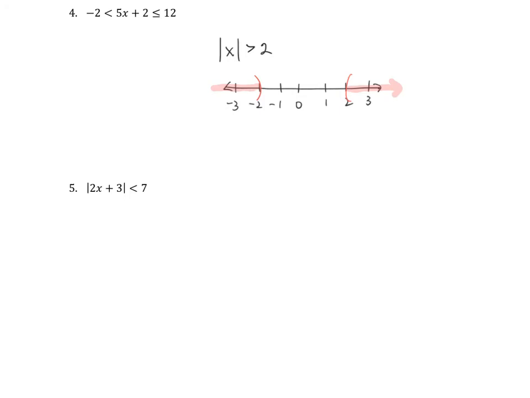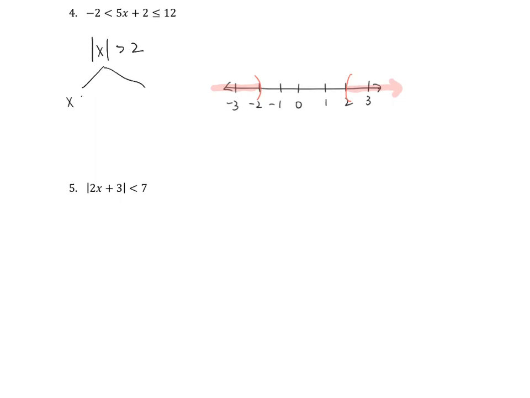To set up a greater than and to get these two pieces, you split this up. Actually, let me write it over here. Okay, so absolute value of x is greater than 2. If you have an absolute value and a greater than symbol, you branch this out into two possibilities.